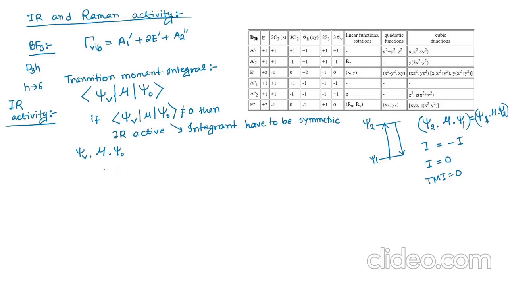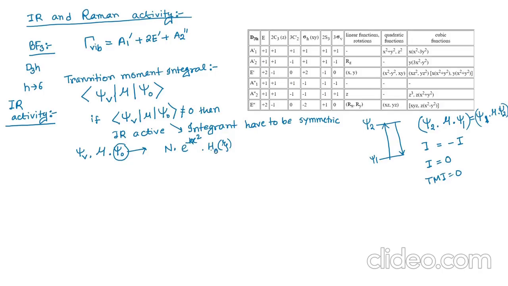Now how to get the symmetry? If you remember psi v equals 0, I'm not going to be very specific, but I don't remember the normalization constant, so I'll write this, and there was some e to the power minus k x square. I don't remember the exact term, some exponential function, and there was some Hermite polynomial, right?